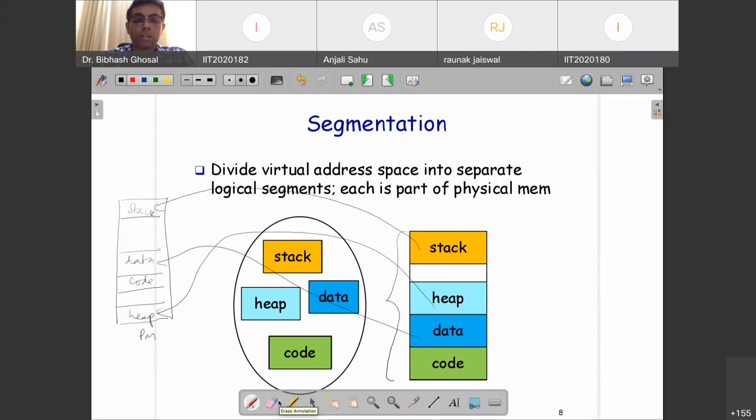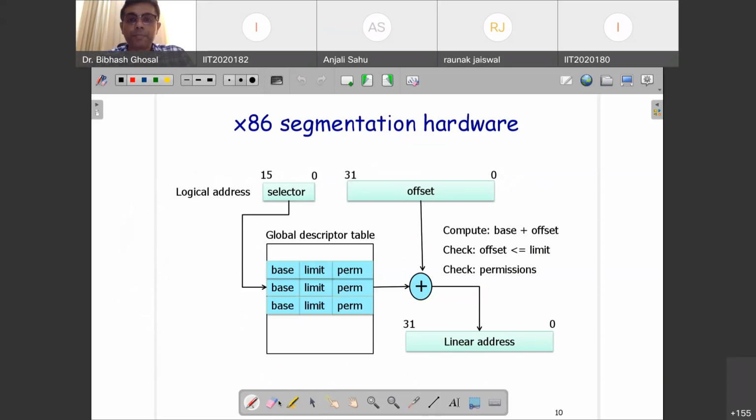So the idea was that you maintain a table, and the address that will be generated by the CPU will be a logical address. That address would take you to one of the locations of the table. And what you have in the table is the base of the segment and the limit. Limit means the extent of that particular segment.